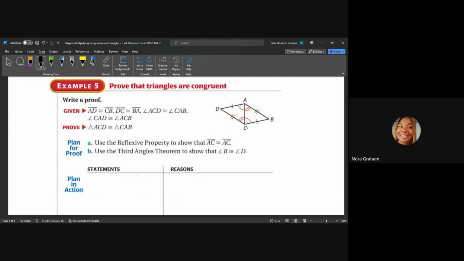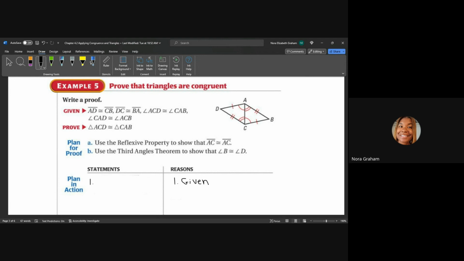Okay, so to do that, they have a little plan for us. First you always write down your given, just for time's sake. You would write down all this here for your given. Second step, we want to prove all of our corresponding angles and all of our corresponding sides.